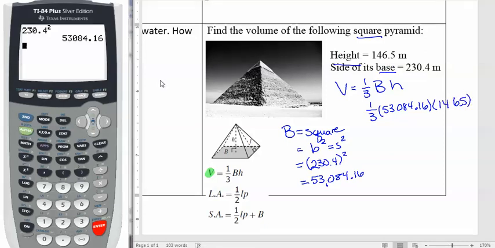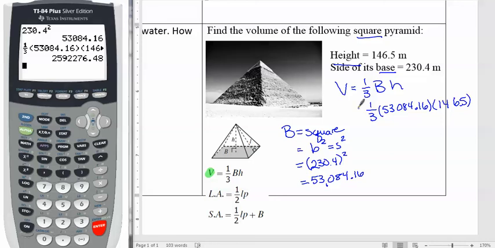And I'm going to plug this into my calculator. I'm going to use that alpha y equals, so I can plug in a nice fraction, 1/3, and I'm going to multiply it by 53084.16. And I'm also going to multiply it by 146.5, which is my height. So I have my area of my base times my height times 1/3.